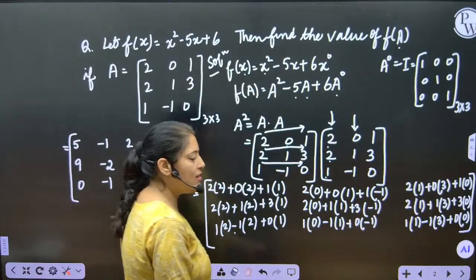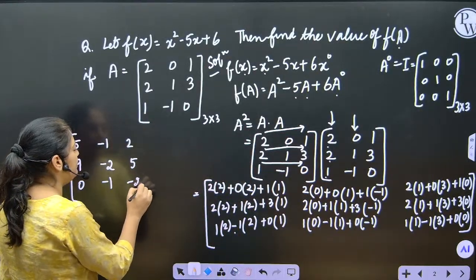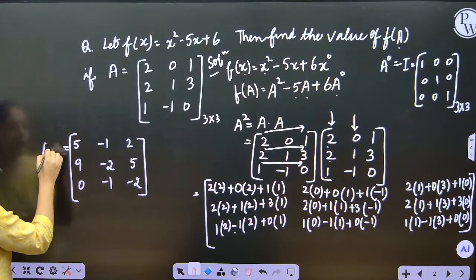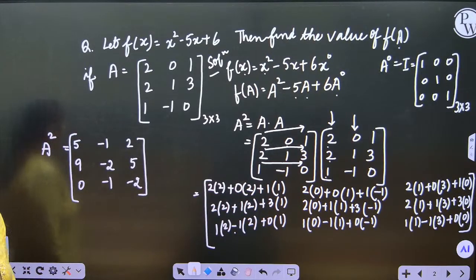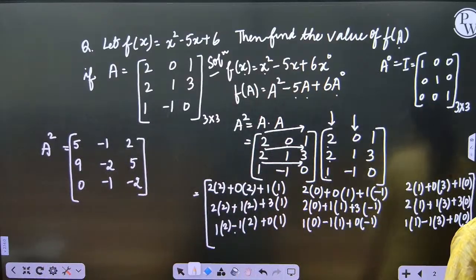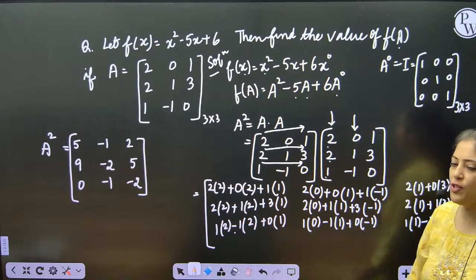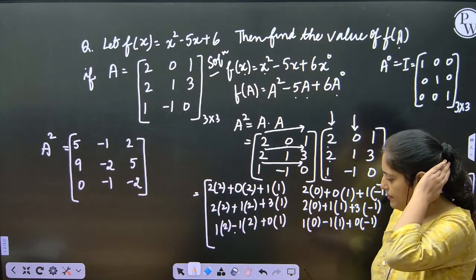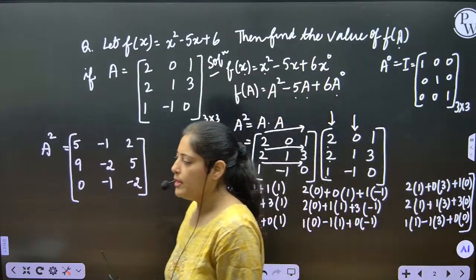So 1 minus 3 is nothing but minus 2. This is my desired matrix A square. Just see the steps here. All of you, those who were trying, I hope you also have got the same matrix. Just check it quickly.